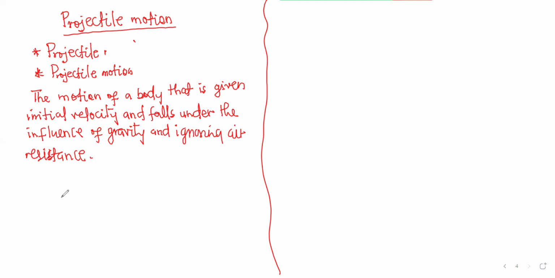So projectile motion is the motion of the body, and the projectile is the body itself. Please, are we okay? Is there any question? Let's then look at examples of projectile motion.